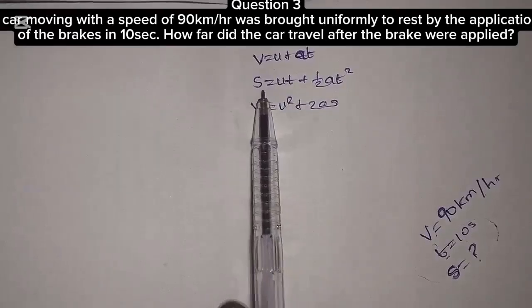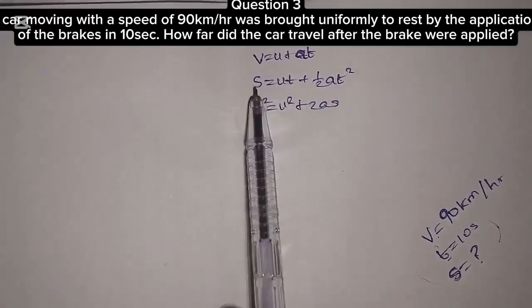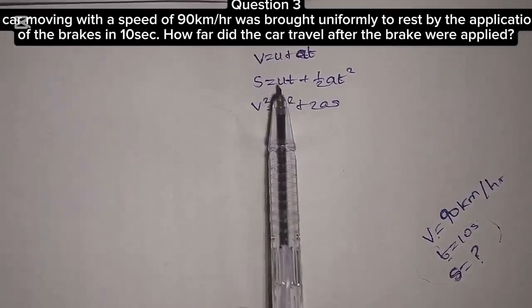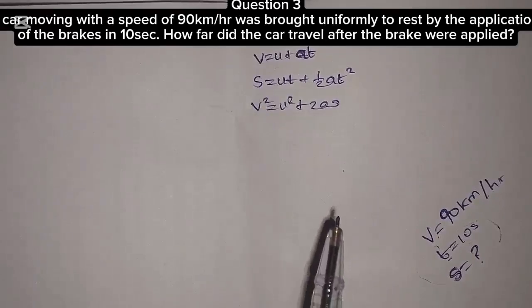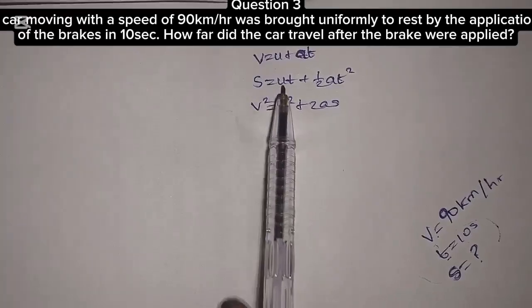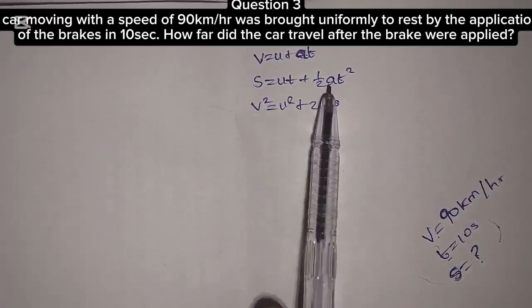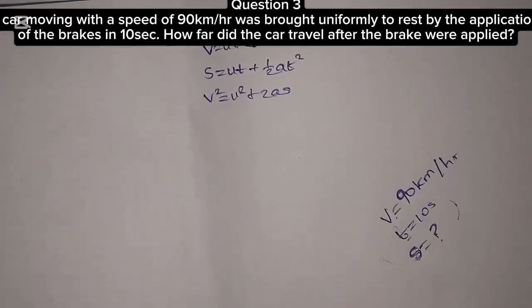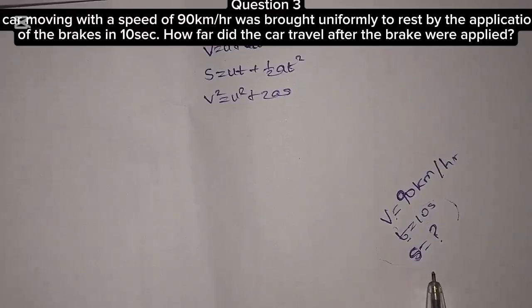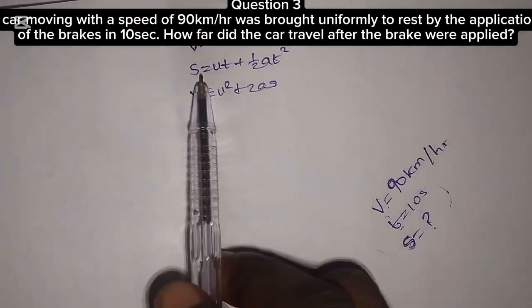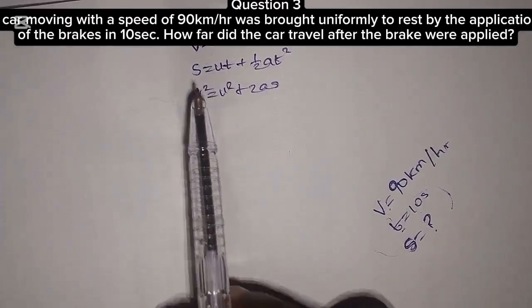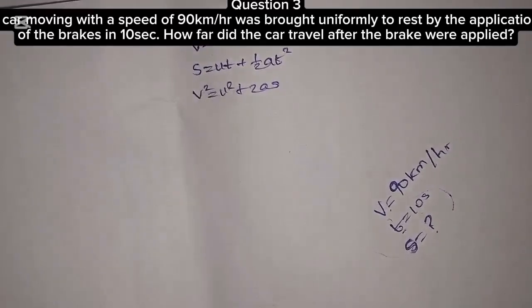Then let's try the second one. The second one contains distance, speed, time, and it also contains acceleration. But in the question they didn't give us acceleration, so we cannot make use of this second equation like that. But there's something we can do.